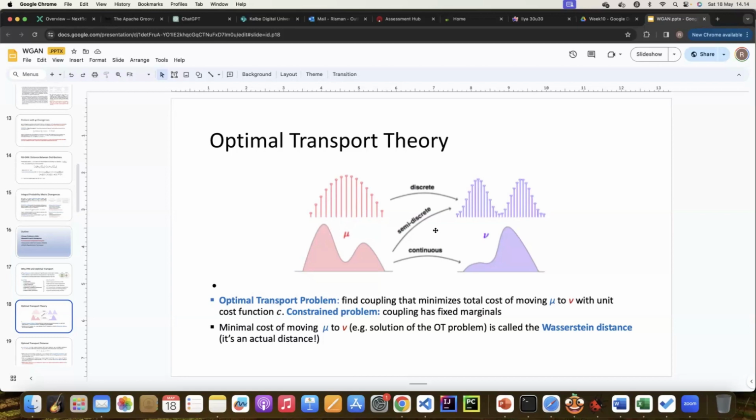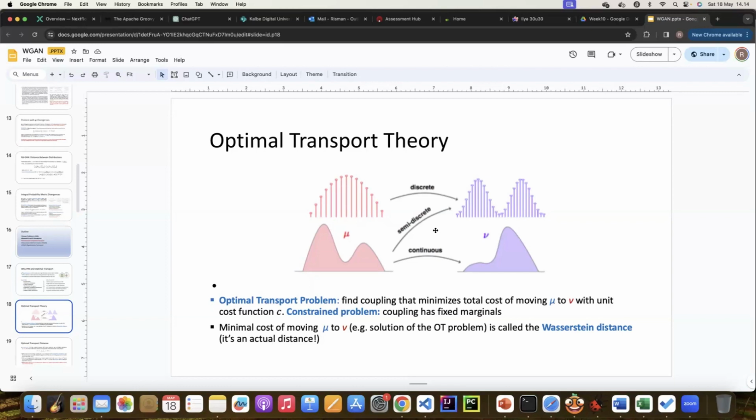Okay, so the question is, find a coupling. Coupling means like a path. Find a coupling or path so you can minimize the total cost of moving mu to nu, if you know the unit cost C of the unit mass of the soil.